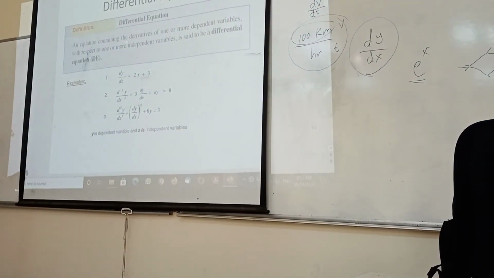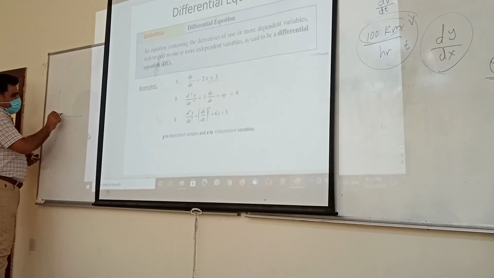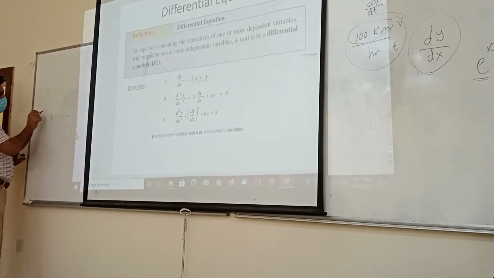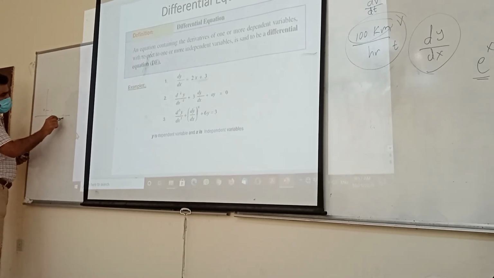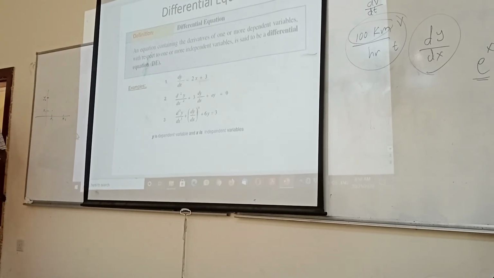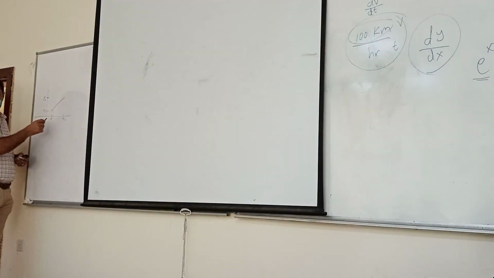So for example here, when you say dy over dx, you have 2 points. This point is x1, y1, and this one is x2 and y2. Okay? If you want the slope of this line, what will be the slope of this line? Anybody can know?